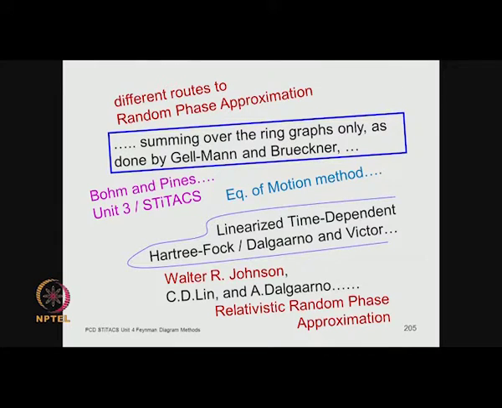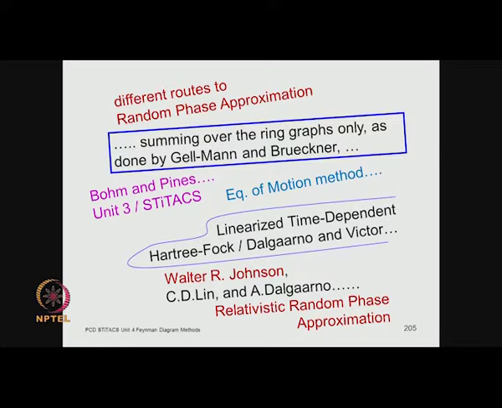This is the linearized time dependent Hartree-Fock method, which was originally introduced by Dalgarno and Victor, and then its relativistic formulation of the same technique, which was done by Walter Johnson and his collaborators Lin and Dalgarno, which is called the relativistic random phase approximation.